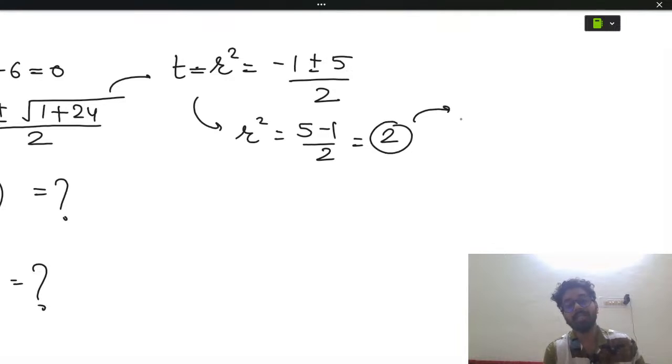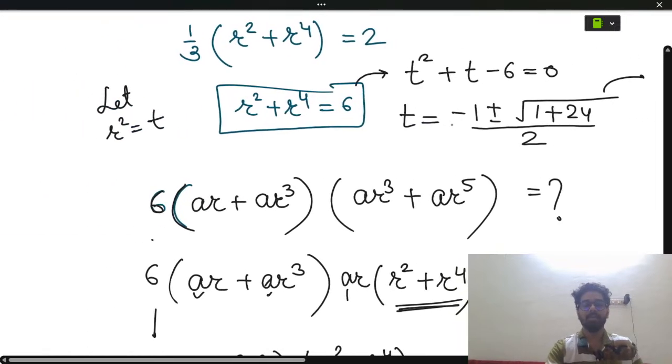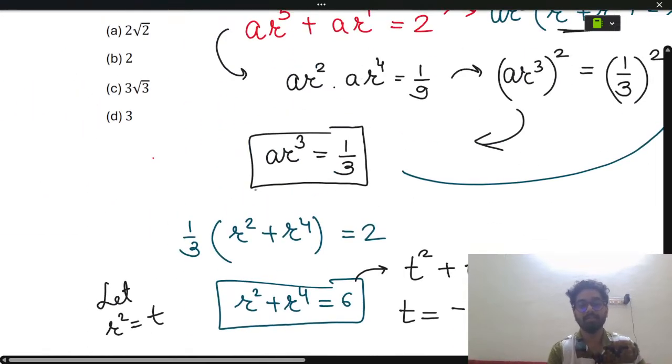Or from here we can say R is equal to plus minus root 2, but we have already said this is an increasing GP, given in the question. So the only possibility left is R is root 2. Done? If R is root 2, I will put it over here and get the answer.